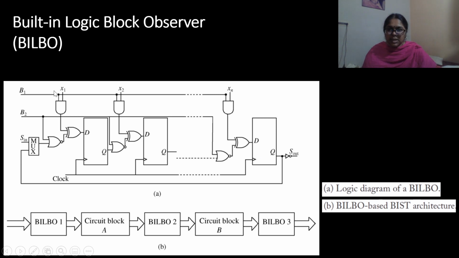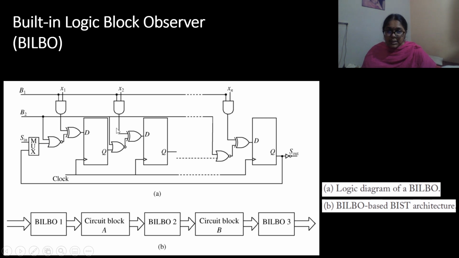Now when B1 is equal to 1 and B2 equal to 1, with B1 equal to 1, the output of the AND gates will be x1, x2, etc. xn. With B2 equal to 1, the output of the NOR gates will be 0.